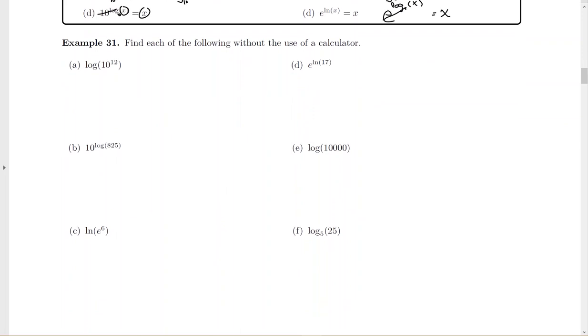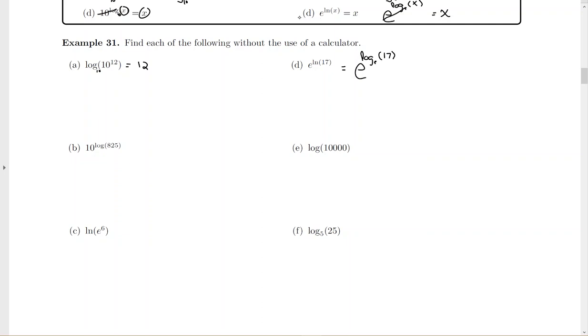So for example 31, without using your calculator, you should be able to use the properties above to answer these. So this is log, the base is missing, so it's base 10 of 10 to the 12 just equals 12. All right, let's jump over here to D. This is e raised to the natural log, so we think to ourselves that's log base e of 17.